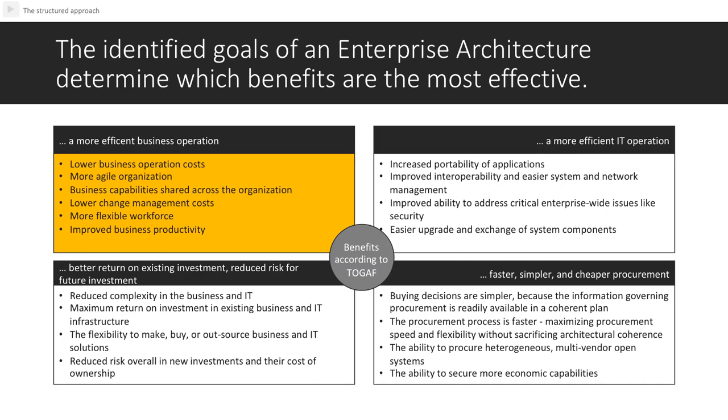Similar to the discussion on the common understanding on business processes, it is key for an organization to use existing capabilities optimally. This applies specifically to the capability to reuse existing competence without the need to reinvent in other units of the organization. Lower change management costs, more flexible workforce, as well as improved business productivity.